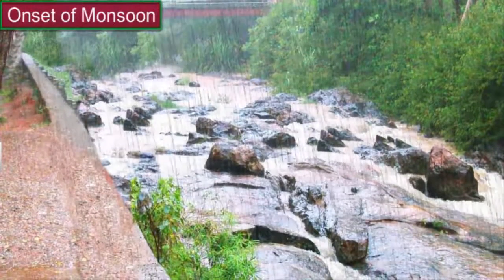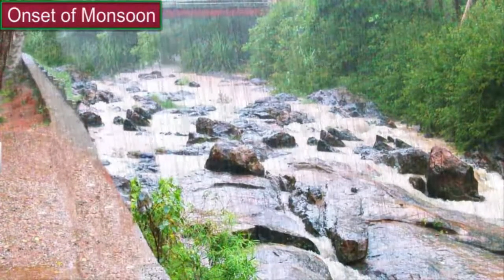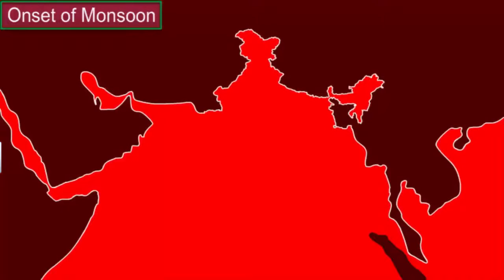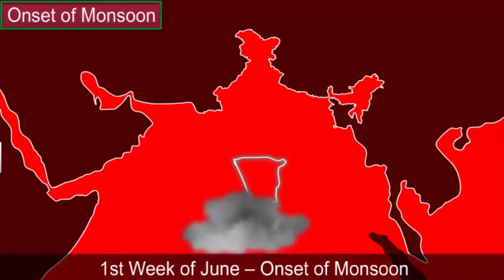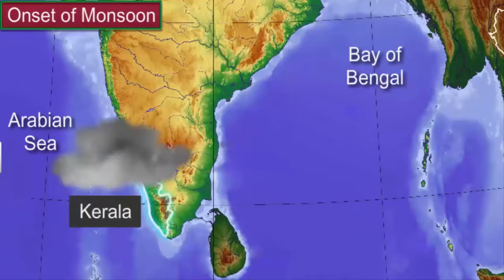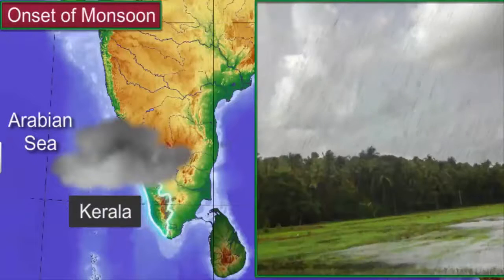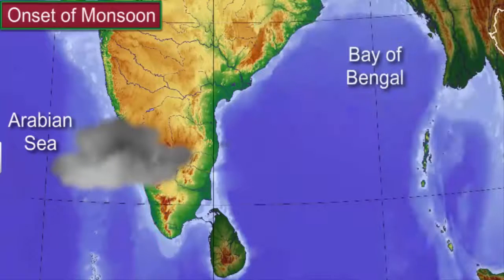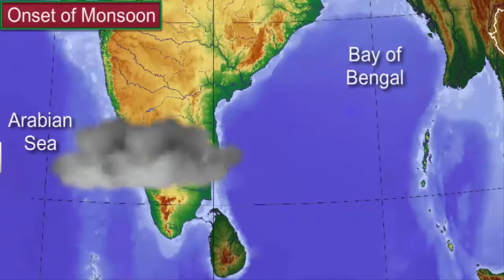The monsoon arrives at the southern tip of the Indian peninsula, generally by the first week of June. The state of Kerala is the first to receive rainfall. Subsequently, it divides into two: the Arabian Sea branch and the Bay of Bengal branch.